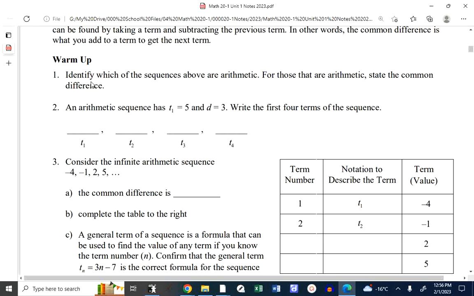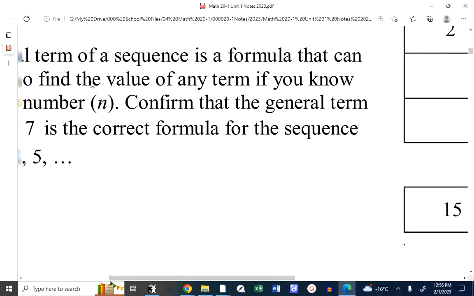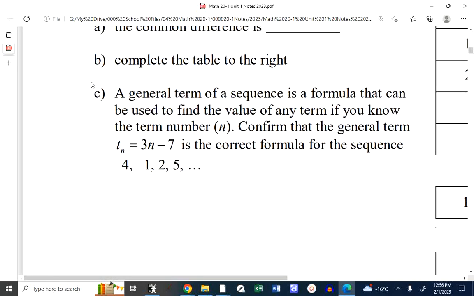Remember doing this? And I told you that this formula, T sub n equals 3n minus 7, could be used to calculate all of those terms. Remember us doing that? What this question is that you're looking at right now, example 1, is asking us to find what the general formula is. How can we find any term knowing n?